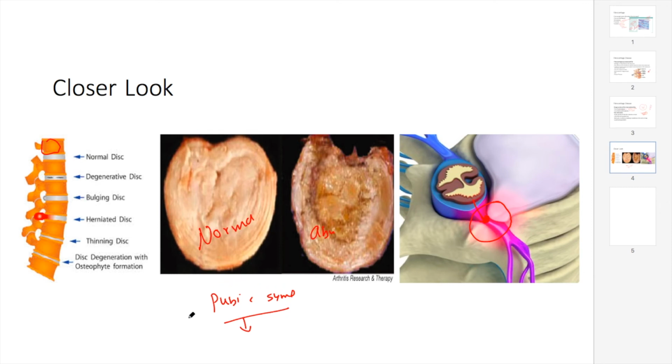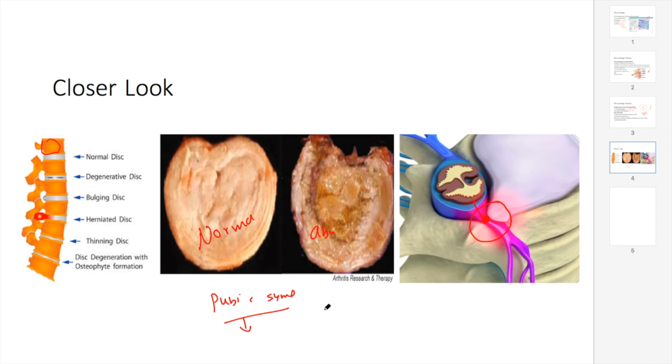The pubic symphysis is also very important during parturition, the process where you give birth to the baby. You try to widen the diameter so that the baby can be delivered easily. You know what I'm saying? So during parturition the pubic symphysis has a great role, and it plays that role very nicely and comfortably.